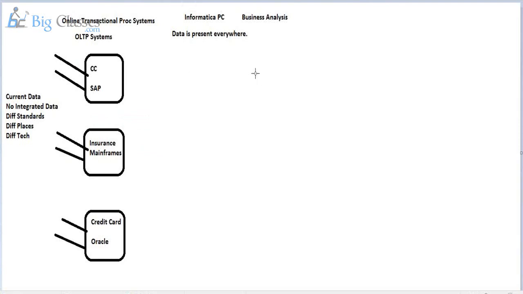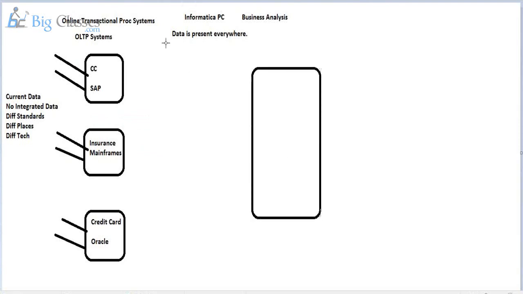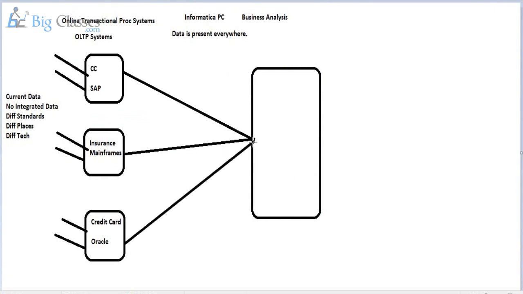So what we are going to do is create a homogeneous data store called a data warehouse, and we bring the data from multiple source systems into a single data store. A data warehouse is a process, or a theory, proposed on top of the database, which is useful for business analysis.